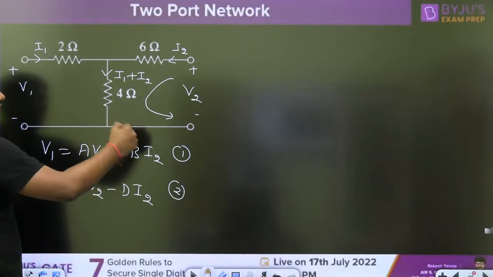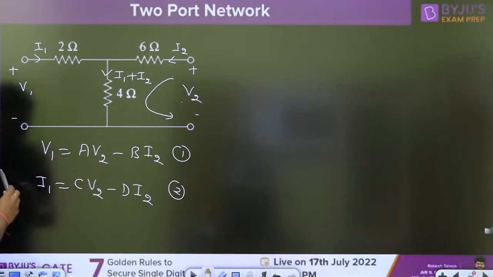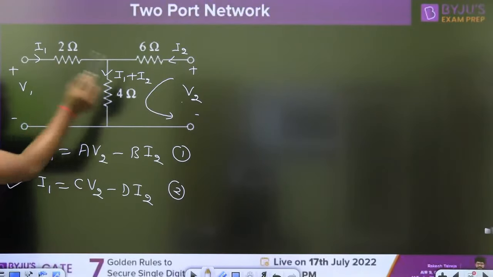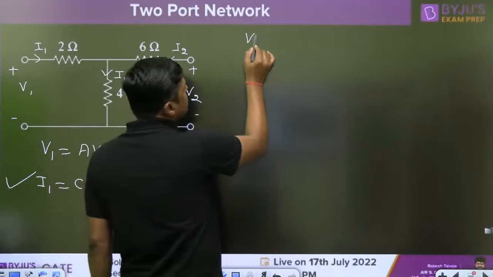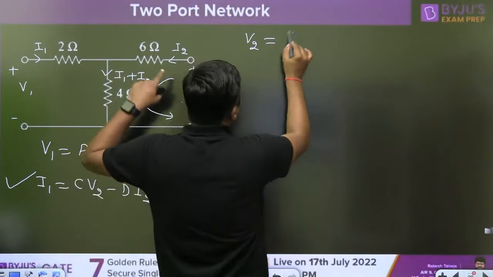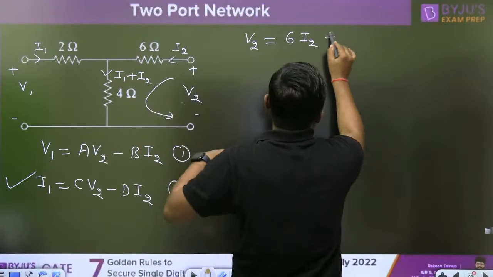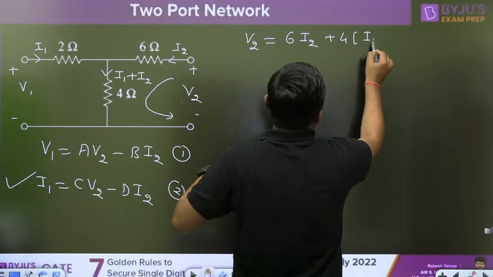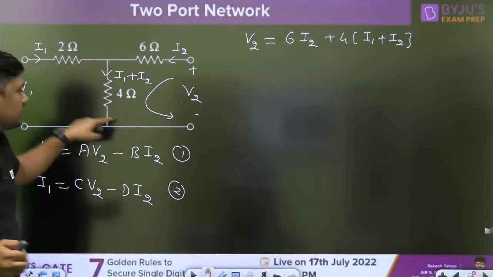When I write the KVL, there will be a relation between V2, I1 and I2, and this equation will be solved. First of all, write the KVL at the output side. It is a very easy KVL. V2 is equal to 6I2 plus 4 times (I1 plus I2). That is the KVL in this path.